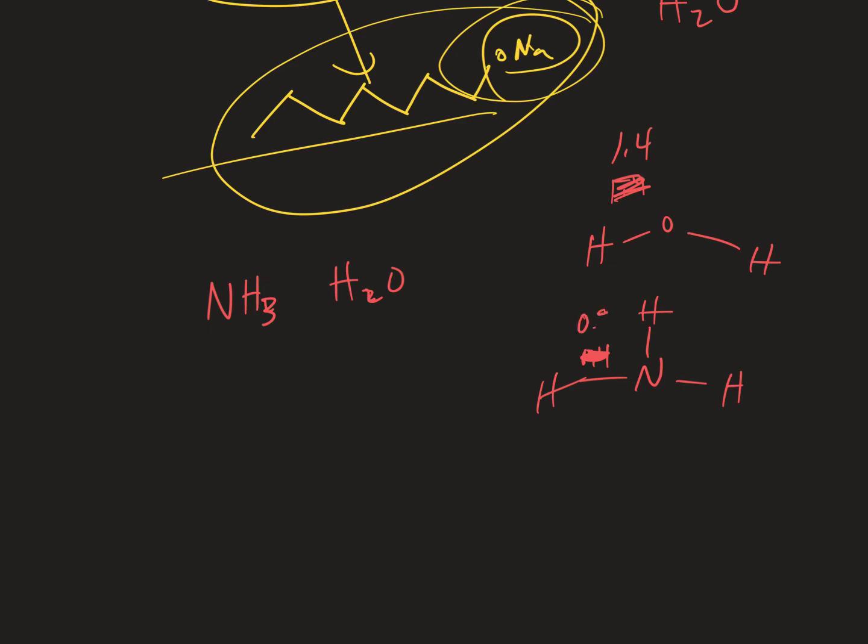So this one's a more polar molecule. That's next unit. We'll talk about it next unit. But does that make sense how to tell if a compound is more polar versus another compound? More or less? All right.